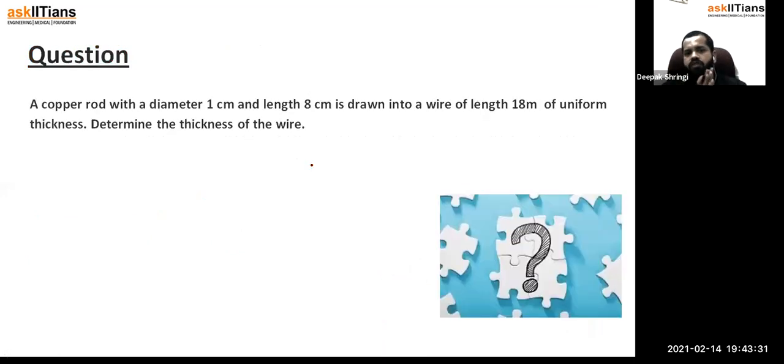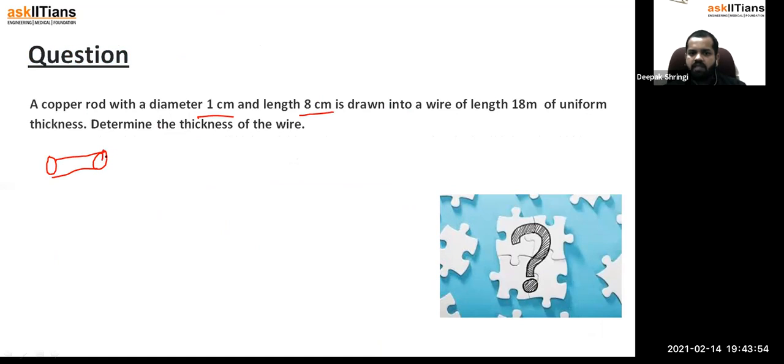Okay. We'll do a question based on conversion of one solid into another. So a copper rod with diameter 1 centimeter. Note it down. A copper rod with diameter 1 centimeter and length 8 centimeter is drawn into a wire. The question is that a copper rod was there of diameter 1 centimeter.